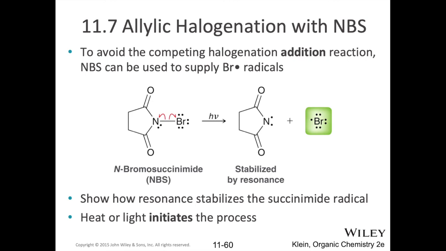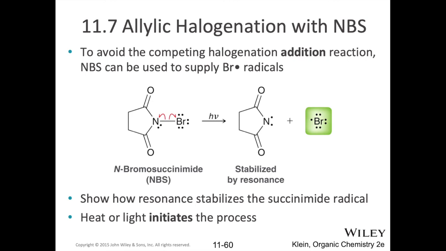The way we do this is to use a molecule called N-bromosuccinimide, abbreviated as NBS. So succinimide is this sort of amide. You've got a nitrogen next to carbonyls, and we have a bromine attached to the nitrogen off that amide. We'll have a long discussion on the difference between amides, amides, and amides.